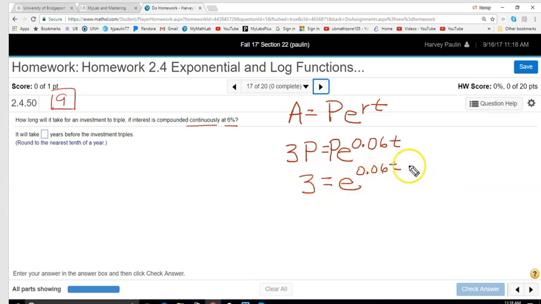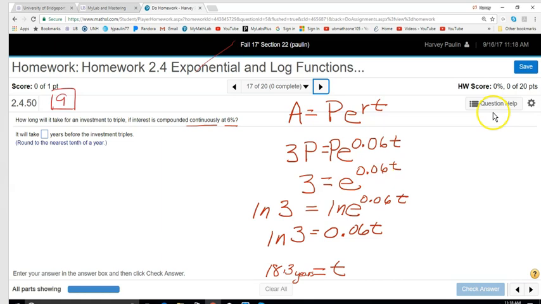So I believe this is example 3 in your booklet. And an interesting thing happens when we convert this to its natural log form. We say the natural log of 3 on this side, and then the natural log of this.